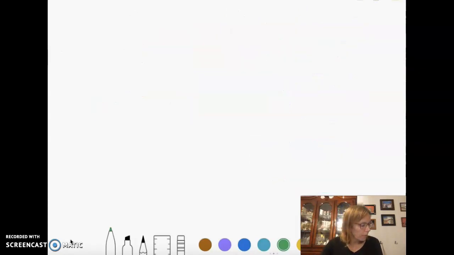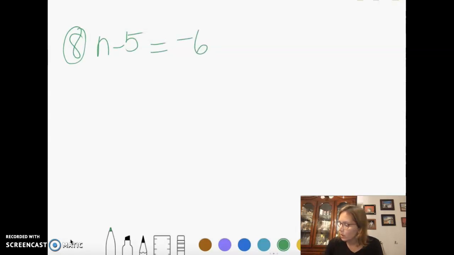Let's do a couple more of these. Number 8, n - 5 = -6. So I'm going to look at what's happening to the variable, -5, and I'm going to do the opposite, +5. Whatever I do to one side, I have to do to the other.